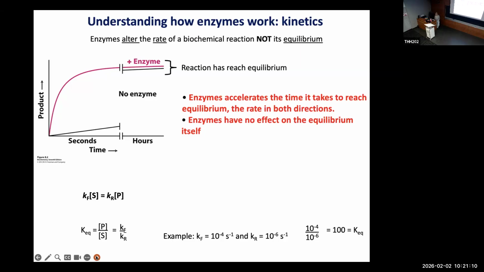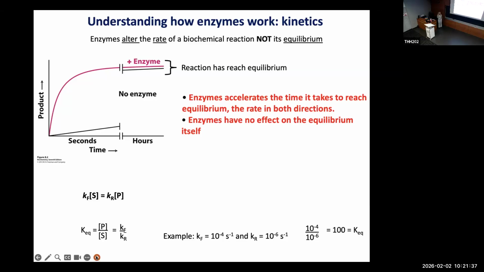Just why, in the bold, it says KF and then times concentration of substrate. But then below that, K equilibrium, it's concentration of product over substrate, but then it's equal to KF over KR. So we're rearranging this and we're dividing by substrate. Yeah, that's just the rearranging.